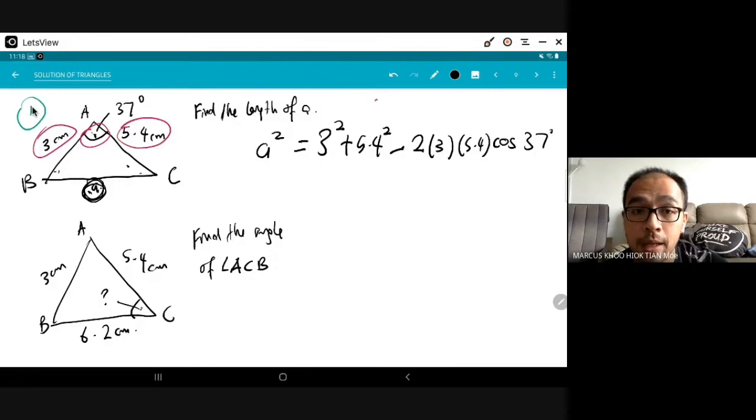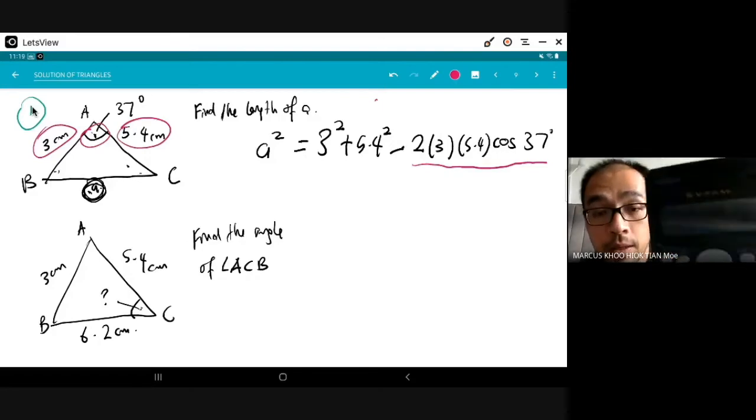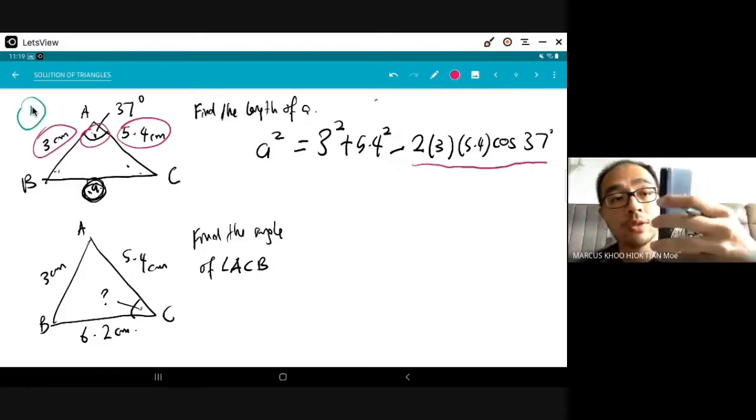Now once you have done this, let's get down to calculating. Take out your calculator. This is my suggestion so that you don't make a mistake. The first thing you must settle is this very long and complicated part. Settle that one first. So you press 2 times 3 times 5.4 times cos 37, like this.